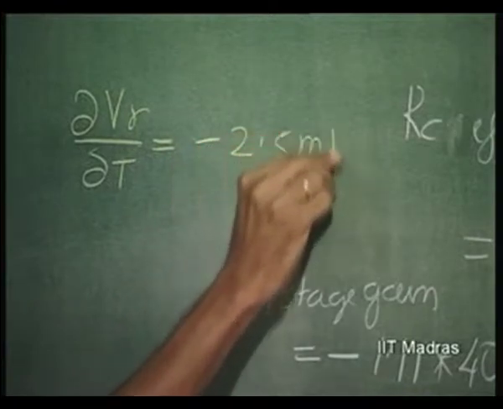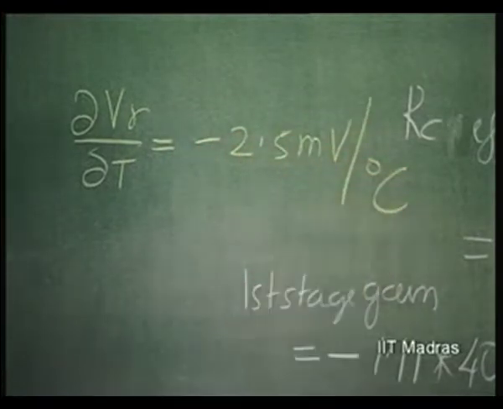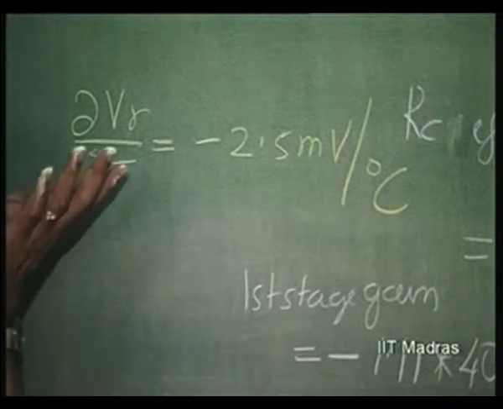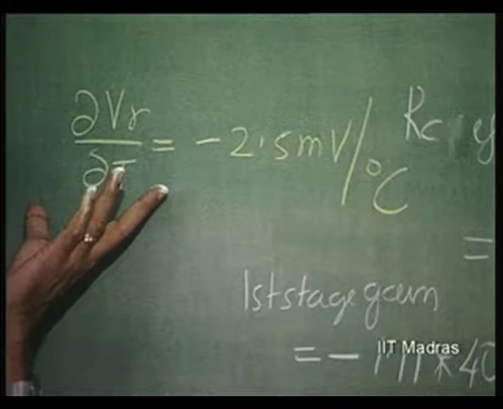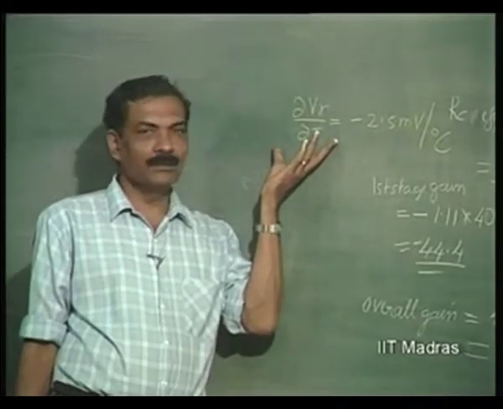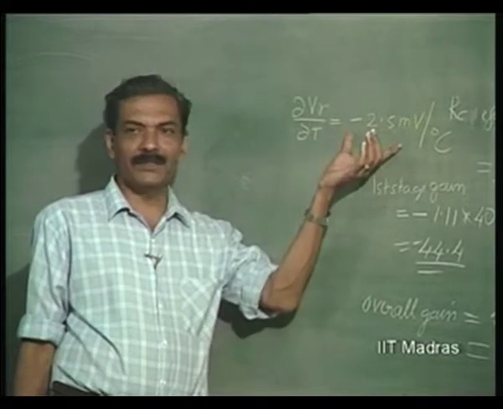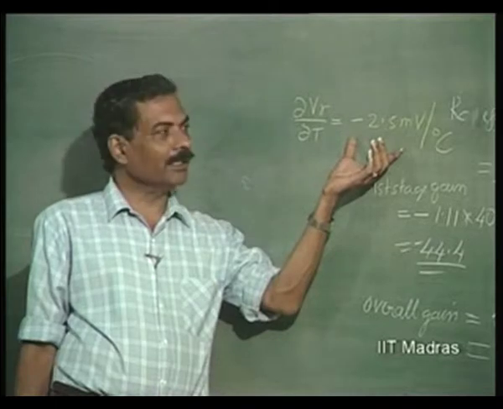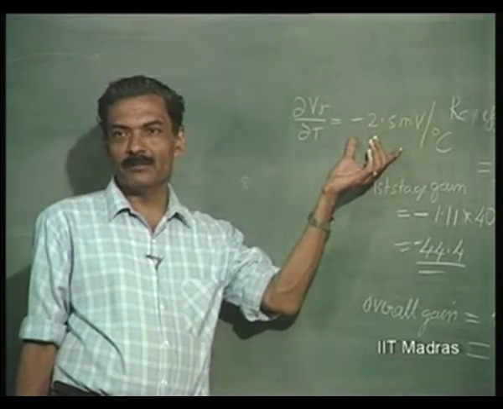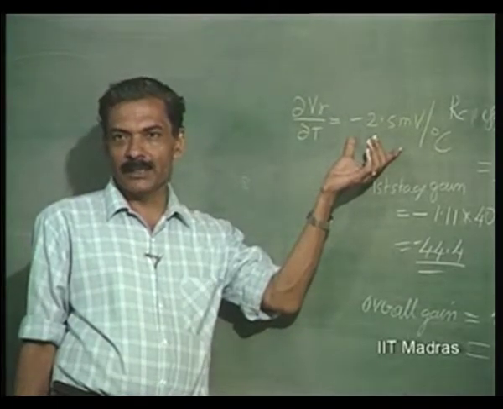This is a typical number which you should remember all the time. For silicon diodes, the forward voltage drop at a specific current has a temperature coefficient which is very constant, equal to minus 2.5 millivolts per degree centigrade.